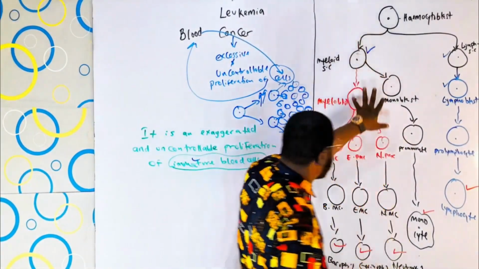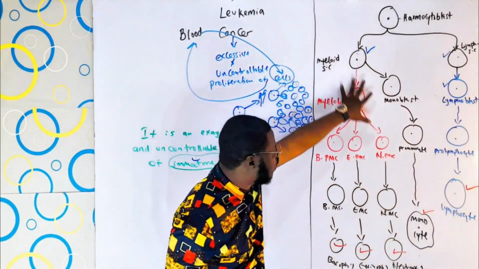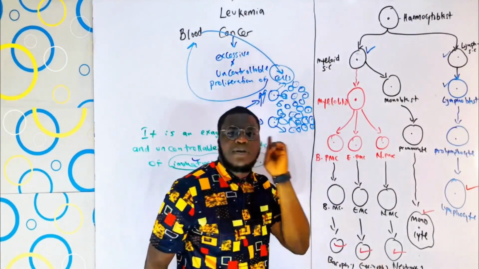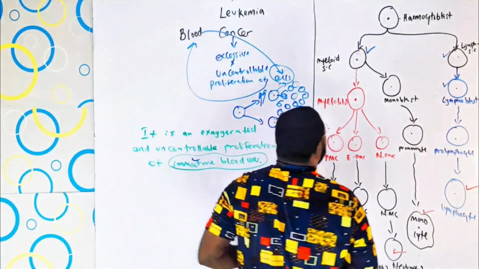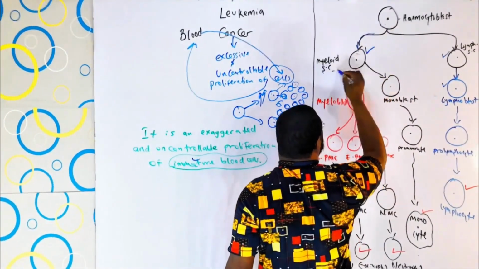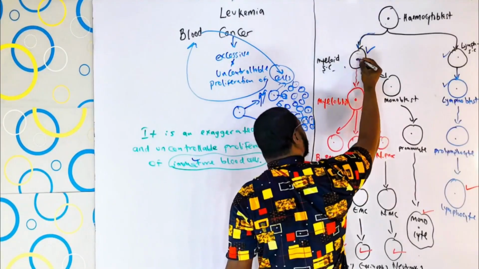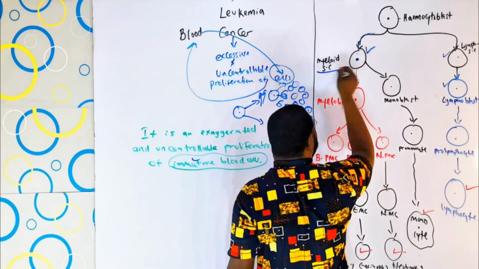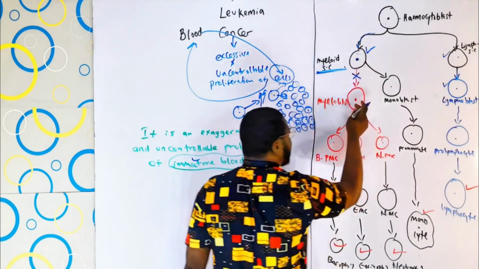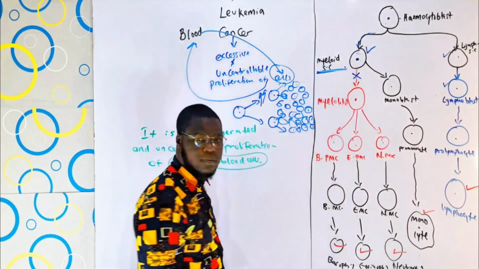Now, let's start from this side. If you want to form granulocytes, this is your pathway, up onto this bend, the granulocytes, right? Now imagine that as this hemocytoblast divides to form the myeloid stem cell, something happens to the myeloid stem cell and it becomes unable to progress to form things like myeloblasts.